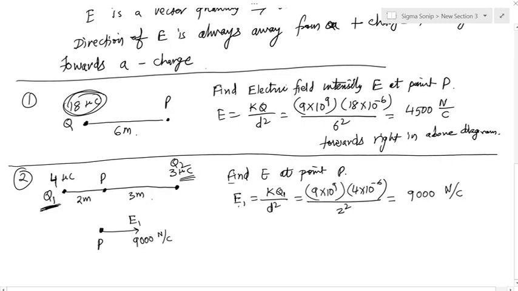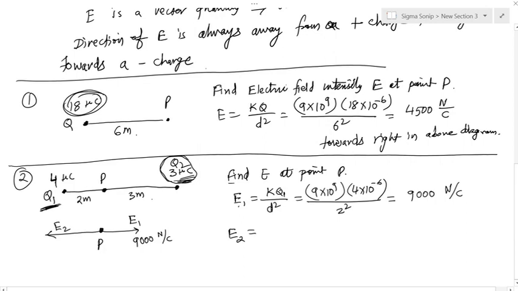Okay, so likewise, now we look at the electric field at P because of charge Q2. Q2 also is a positive charge. Therefore, the electric field because of Q2 will be away from Q2, which means at P the electric field because of Q2 will be like this, away from Q2, and we can plug in the values there.